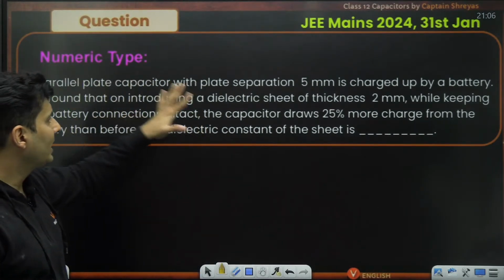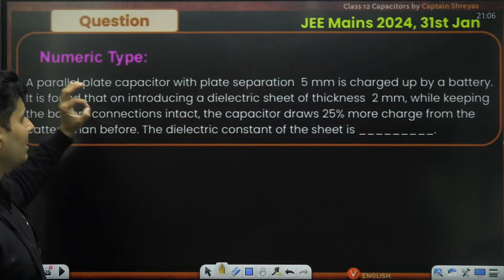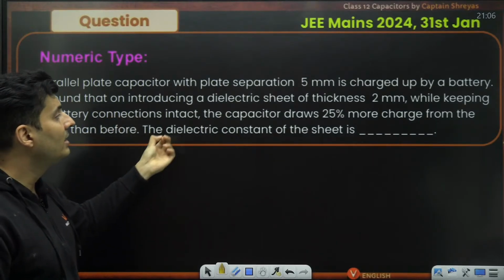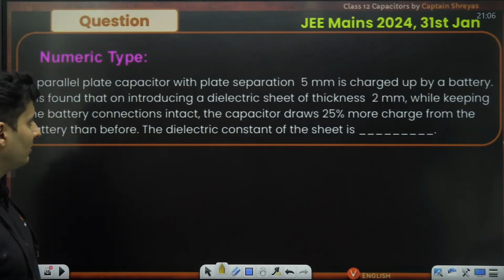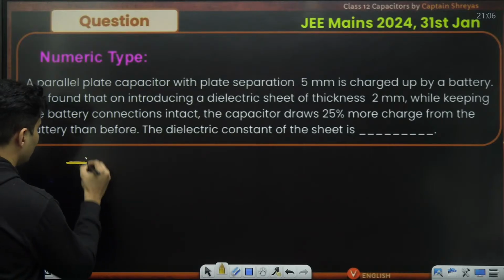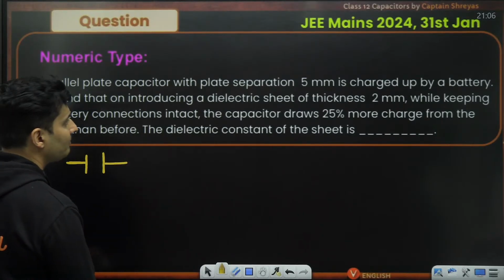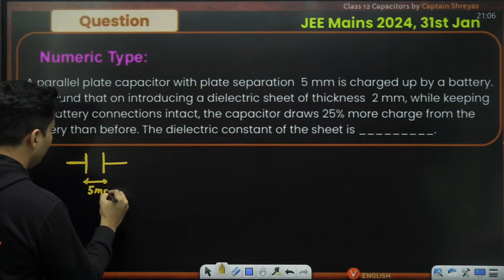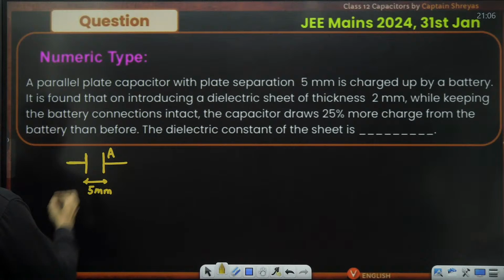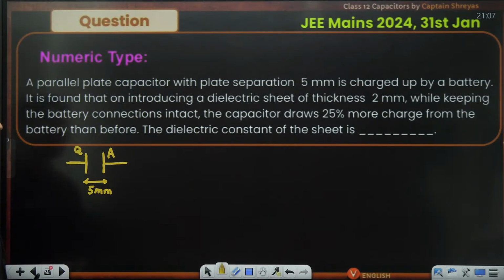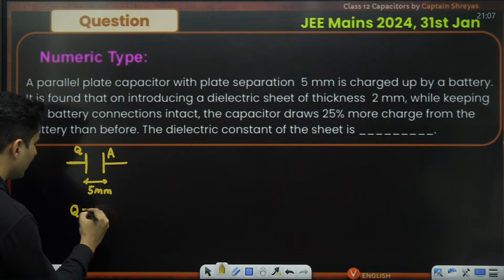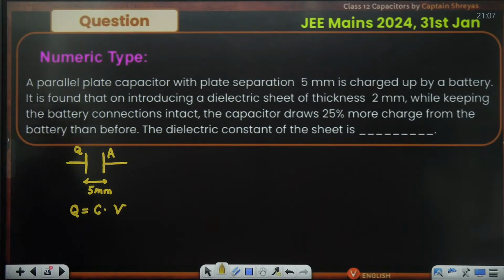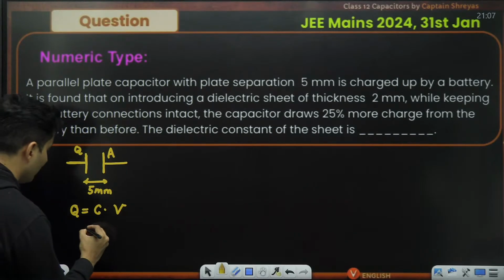So, the parallel plate capacitor has a separation of 5 and is charged by a battery. On introducing a dielectric sheet, it takes 25% more charge from the battery as compared to before. Initially, you will have a capacitance, with the distance given as 5 millimeters, the area A, and let's say the charge on it is Q. Then Q is equal to capacitance into voltage, and the battery connections are intact, as mentioned.